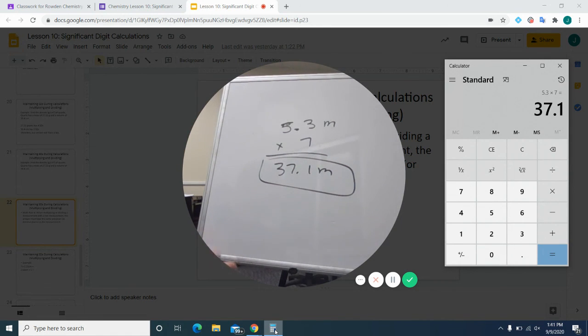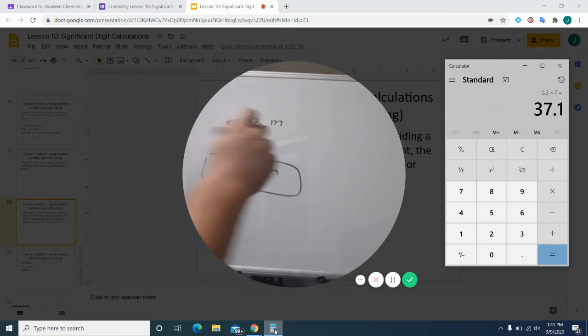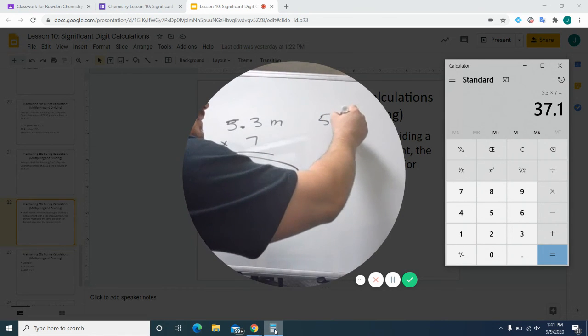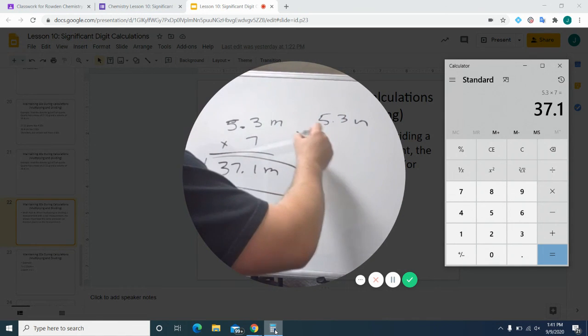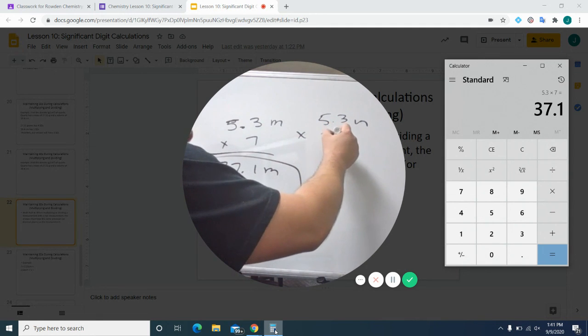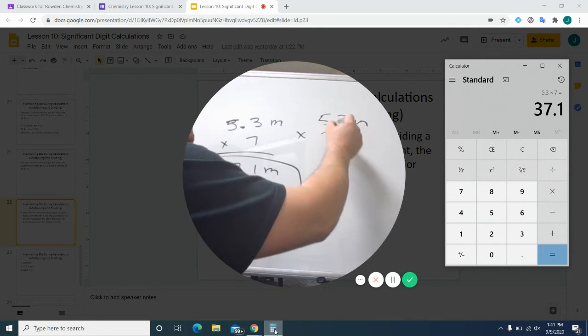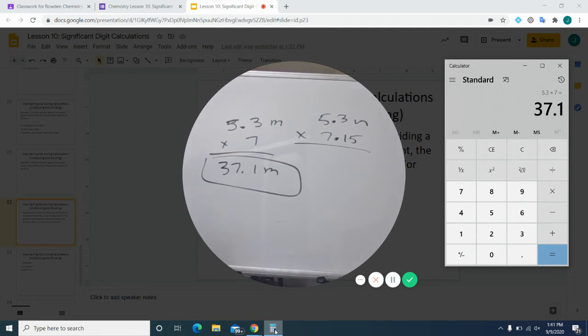Okay, what about if we do 5.3 meters? This time let's do times 7.15. All right, so 5.3 meters times 7.15.